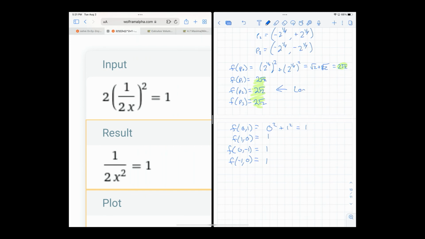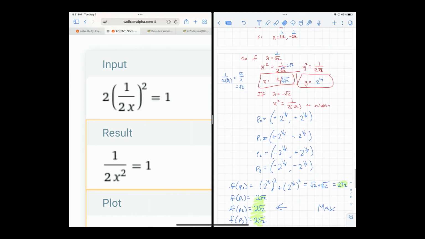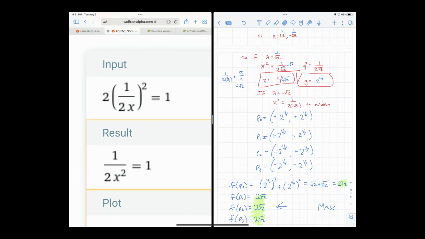So these are all local maxes. Or, I mean, I guess they're global maxes. And these are your minimums. Yikes. Okay, so sorry about the mistake. I just didn't type it into the computer right, and I didn't notice that I typed it in wrong.